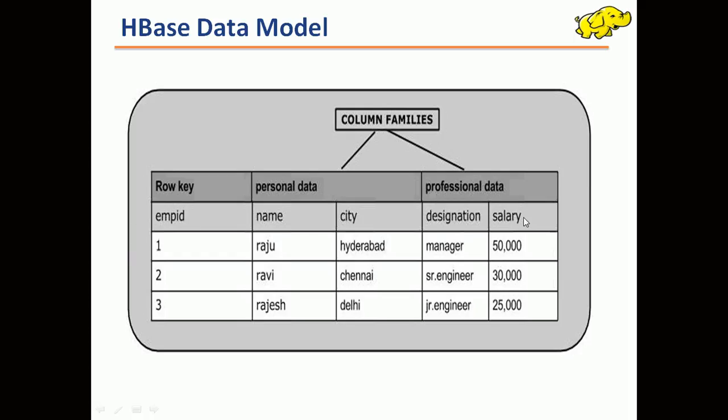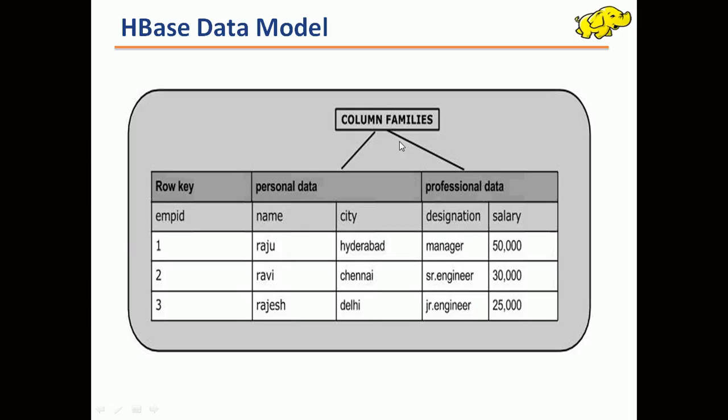These are the columns I am going to have in the employee table: employee name, city, designation and salary. I can group these columns: name and city I can make a personal data column family, and designation and salary I can make professional data.